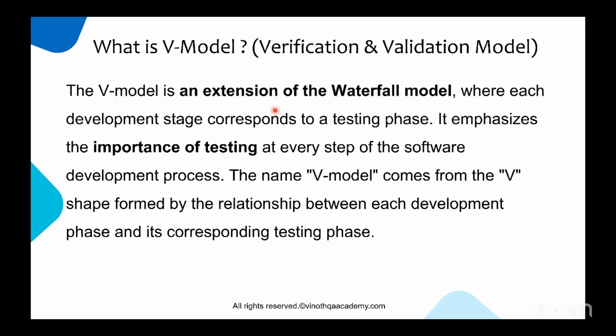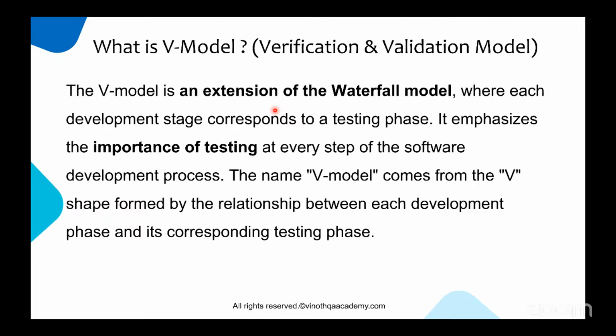And then comes the V model. The drawback in the previous three models is that the testing comes at the end. The V model is again an extension of the waterfall model. Now the testing team works in parallel along with the development team. One side is verification, the other side is validation.